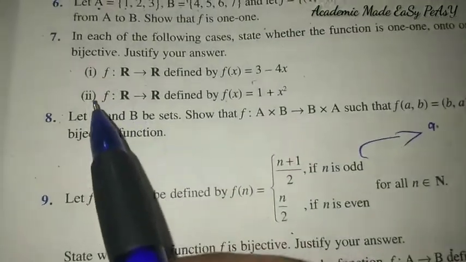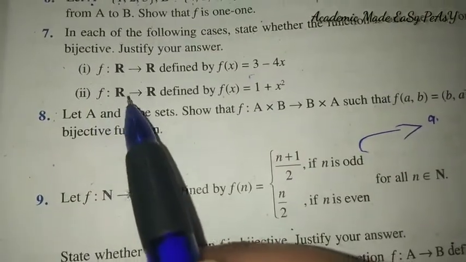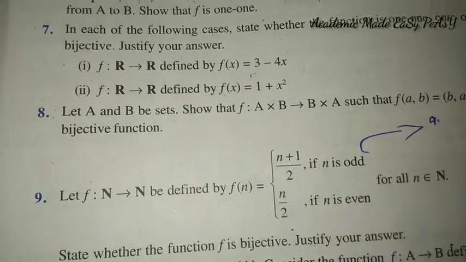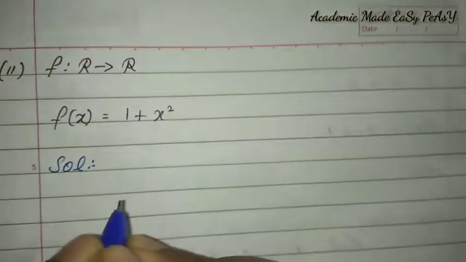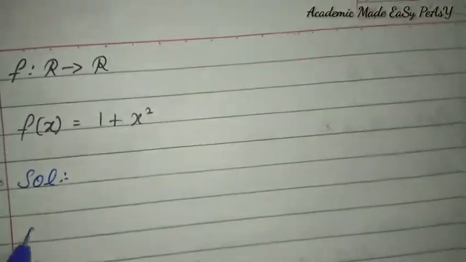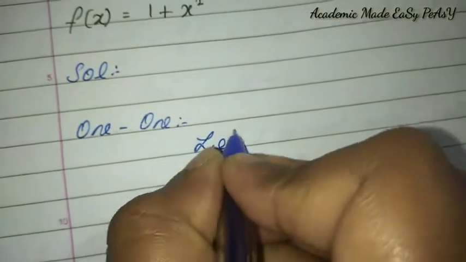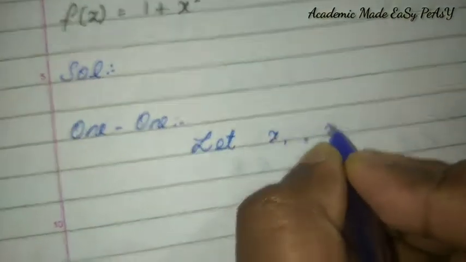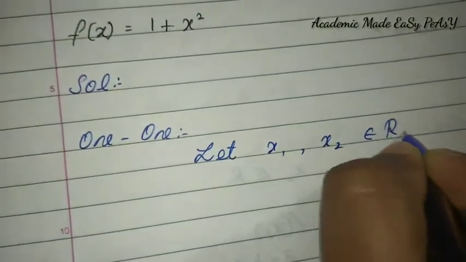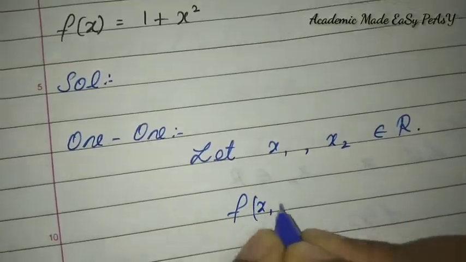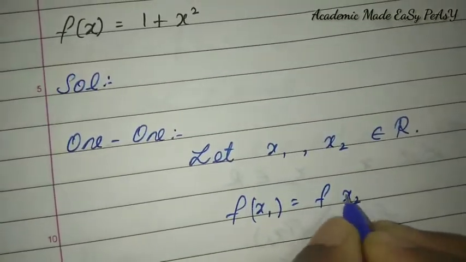Second subdivision. Function from R to R, real numbers, defined by f of x is equal to 1 plus x square. Solution. First one is one-to-one. Let x1, x2 belong to R. So f of x1 is equal to f of x2.